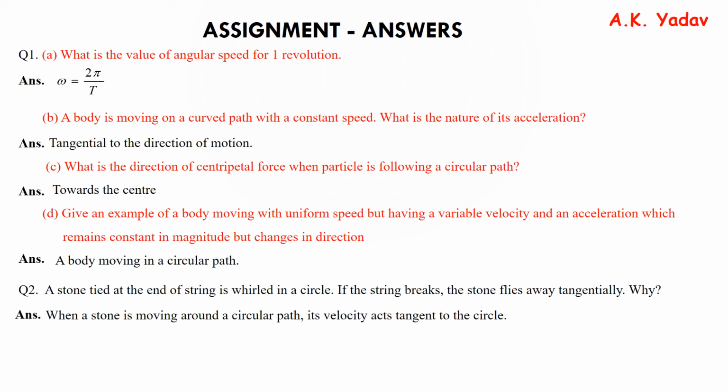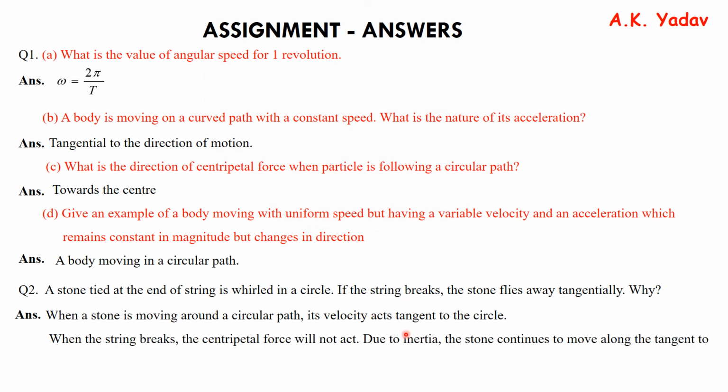Why? When a stone is moving along a circular path, its velocity acts tangent to the circle. When the string breaks, the centripetal force will not act. So due to inertia, the stone continues to move along the tangent to the circular path and flies off tangentially.